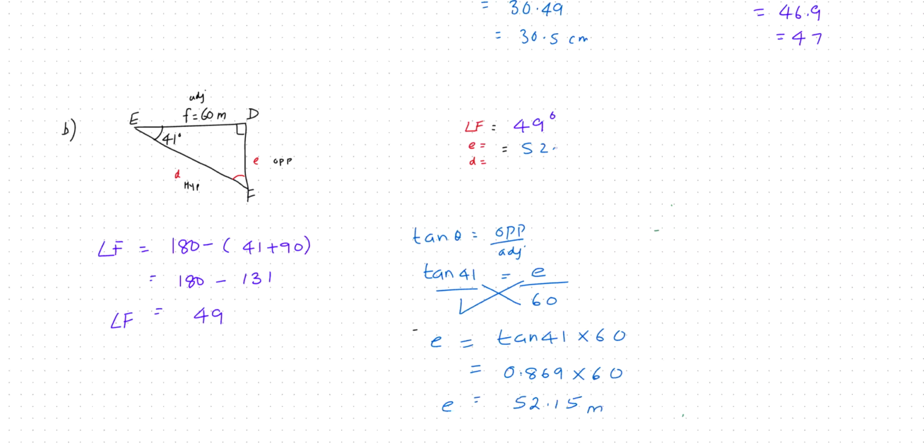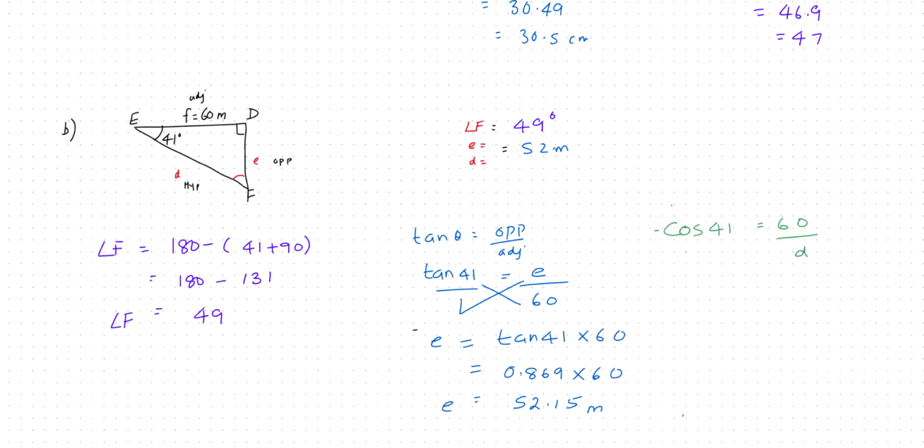Now we have to find side D. So the D side is the hypotenuse and we know the adjacent. So the hypotenuse and adjacent ratio is cosine. So cosine is adjacent over hypotenuse. So we write cos 41 equals adjacent is 60 and hypotenuse is D. We write over 1.